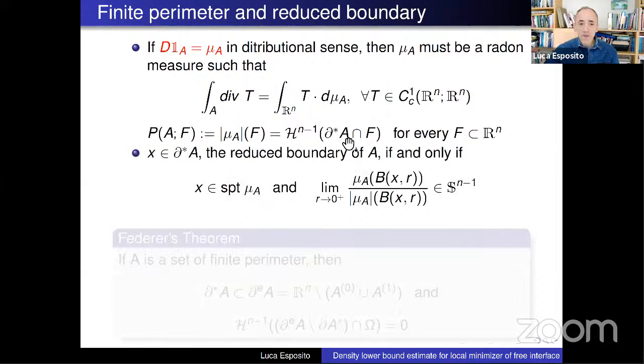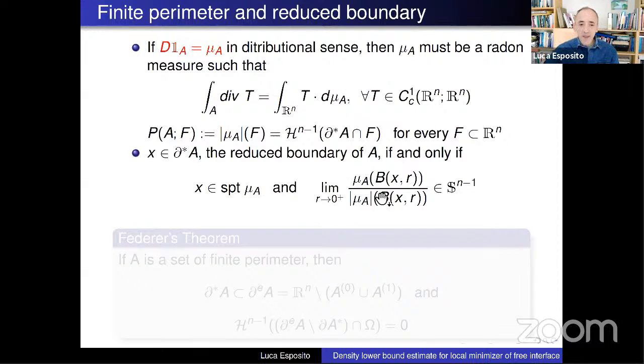The reduced boundary is the set of points where there exists the Besicovitch derivative of the measure mu_A, and it is a vector with norm 1.